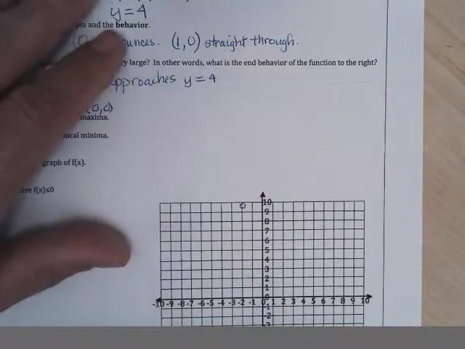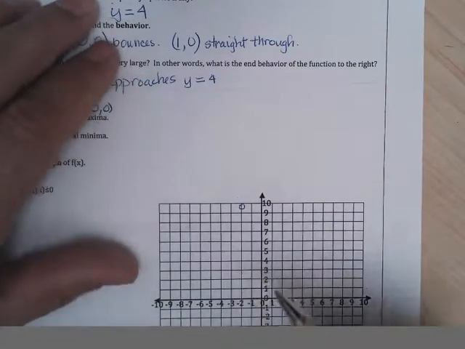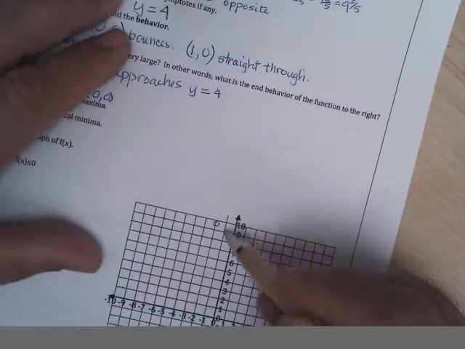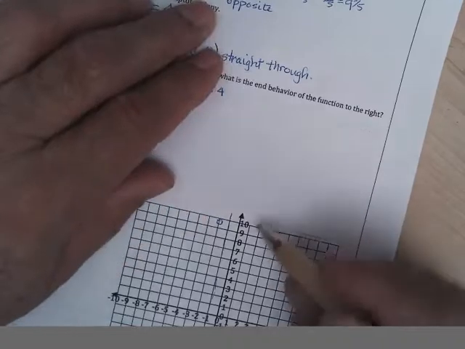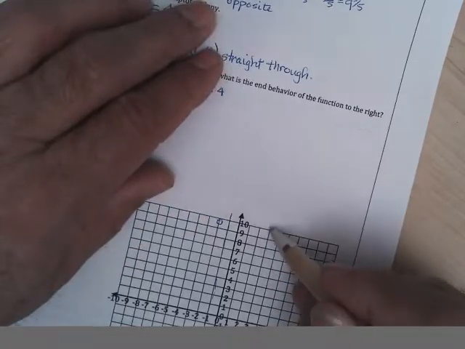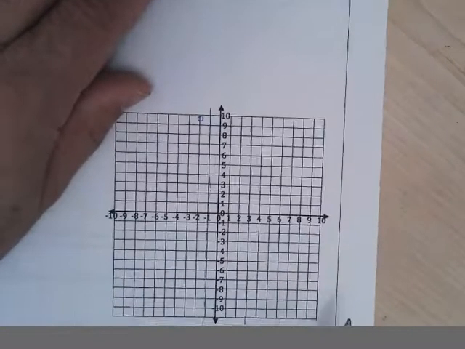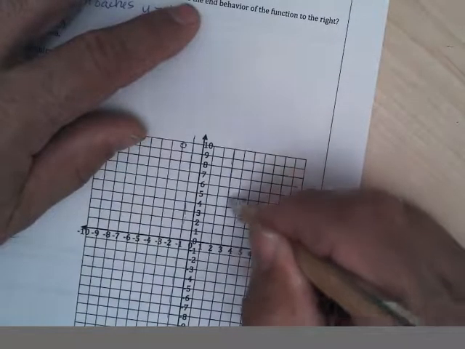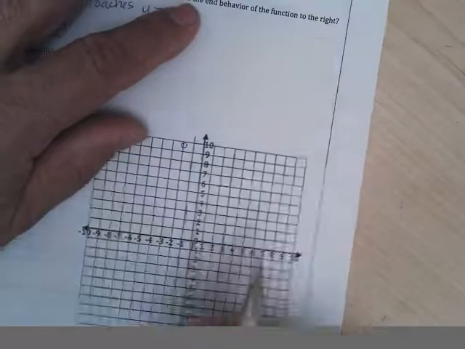Okay? And I should be showing a vertical asymptote at -1 and a vertical asymptote at 3. So I would expect you to draw something on your graph to show those. And a horizontal asymptote at 4.